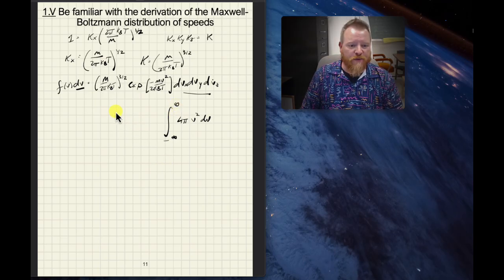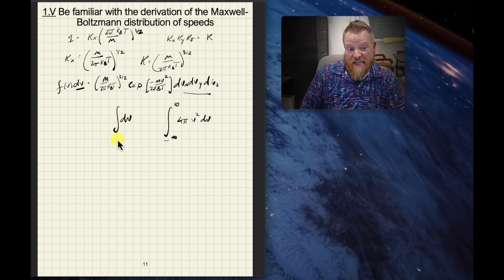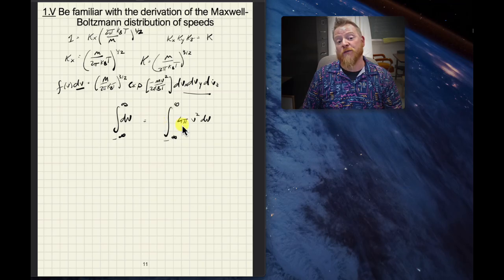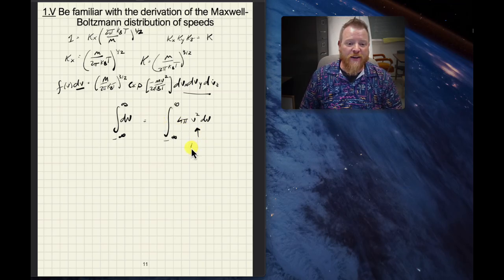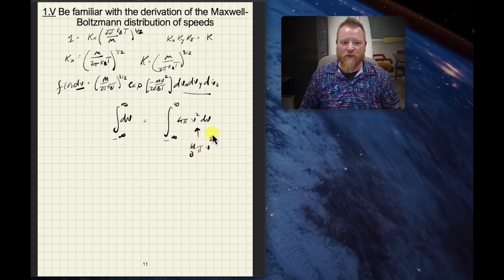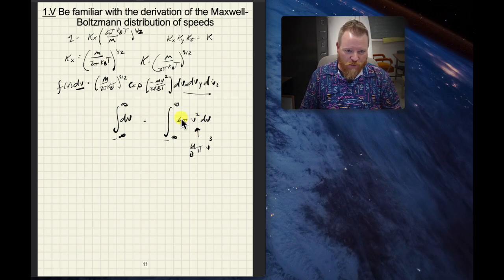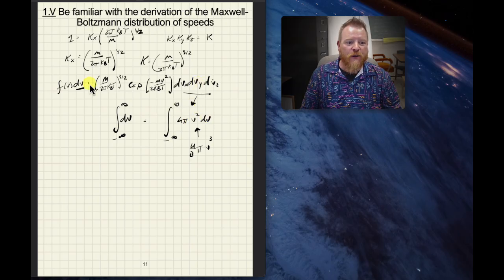And that, if we set equal to just dV, integrated from negative infinity to positive infinity, then we've come up with the volume element of a sphere, right? So if we finish integrating this thing, you get 4/3 pi v cubed, right? Which is the volume of a sphere. So now we can replace all of that, and the only factors we will need are the v squared and the 4 pi. So if we include that, our dV's and our dv's will cancel. So let's write all that out.